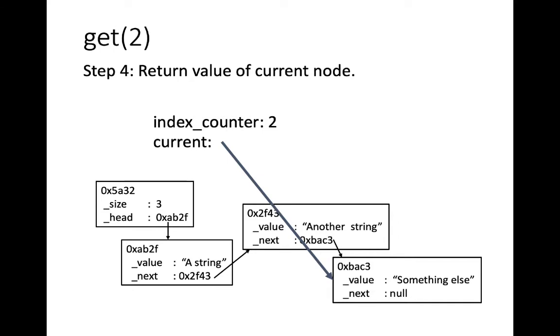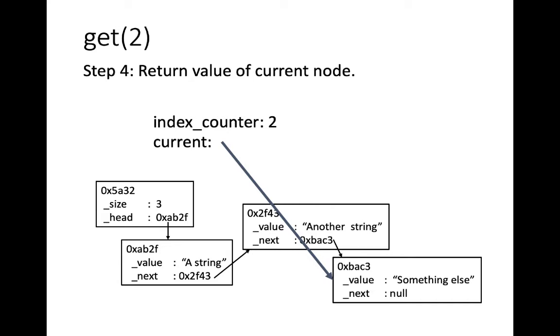And then we can start at the head and in a while loop, keeping track of an index counter and the current node, walk the list, incrementing the index counter and updating the node pointer until we find the node at the appropriate index counter, and inside that node, there's the value I'm looking for.